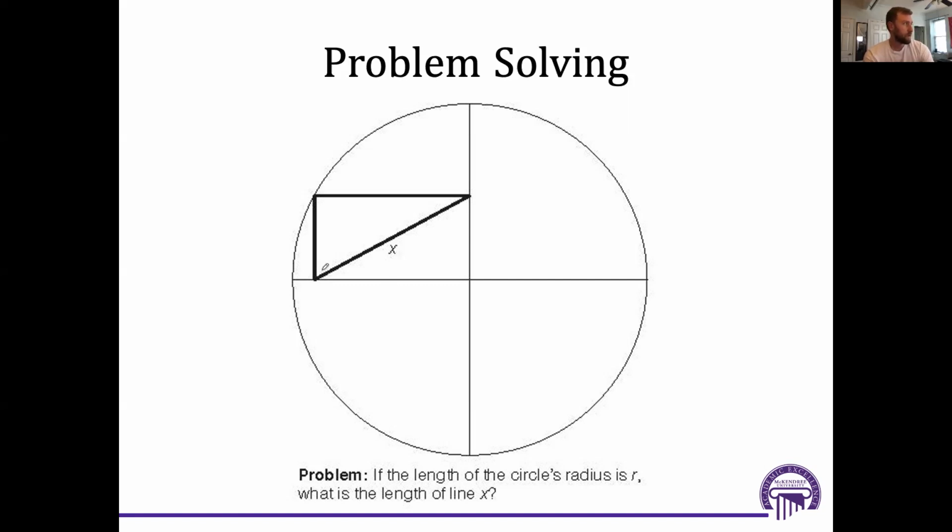I'm going to draw a line from the corner of the triangle here to the midpoint of the circle. I'm going to do the same thing for this corner. Essentially what I'm doing is creating a rectangle. So instead of a triangle now, I have a rectangle that has been cut in half.